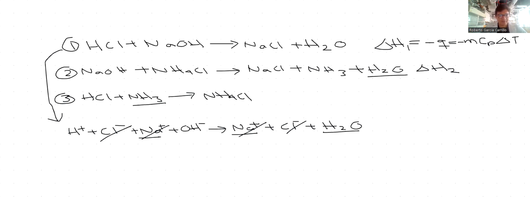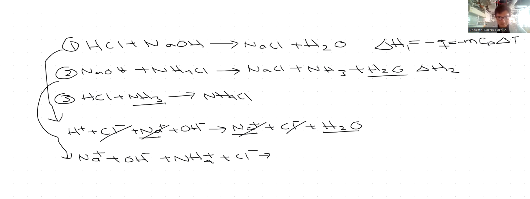But in this case, we see that the second reaction can be written in its total ionic form, the anions and cations, and as a product, sodium chloride, ammonia plus water.